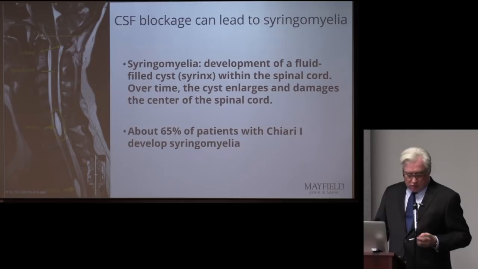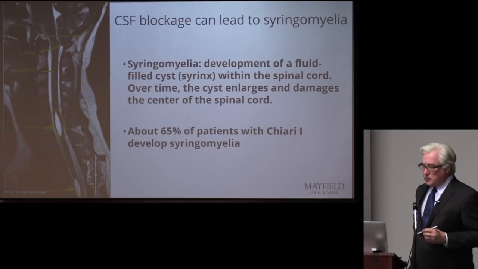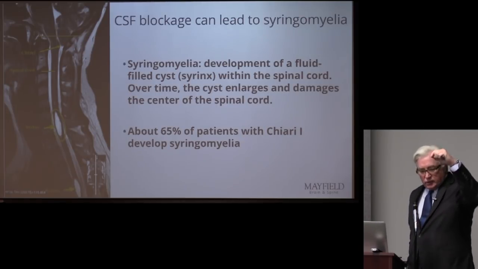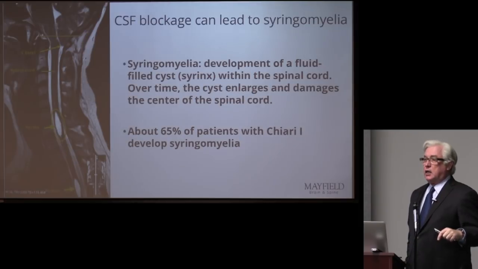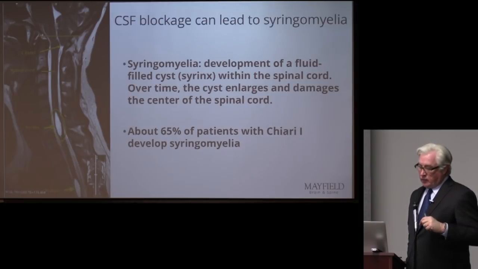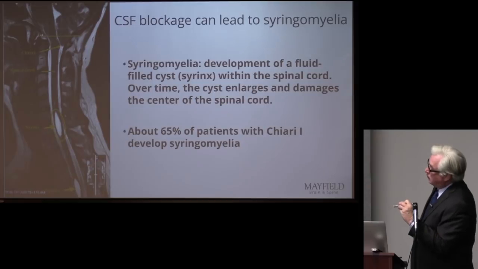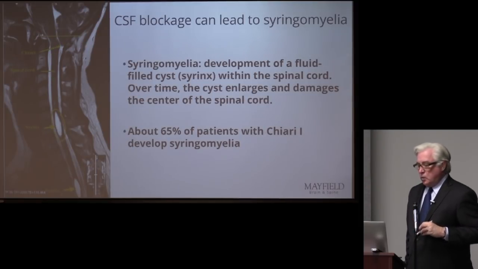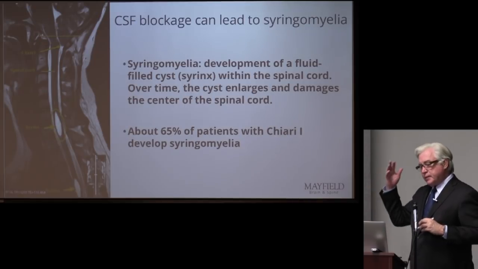Now, this is very difficult to explain, but quickly, in the center of the spinal cord, there's a little slit that forms during development in the womb. And that slit actually connects to the top of the brain, right where you see the word Chiari. Spinal fluid is pulsating up and down.